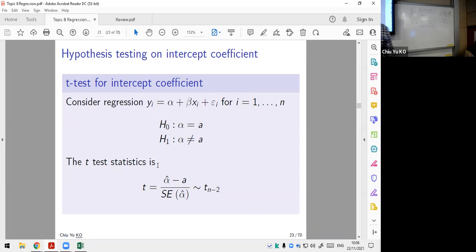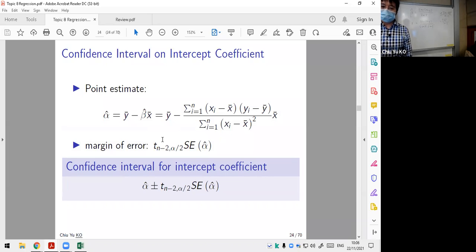This is the same as we have been doing since the beginning. This is a good point estimator, as we mentioned already. And we know the margin of error is this guy, just the denominator times the critical value. So that means this is the coefficient. Is there any question?